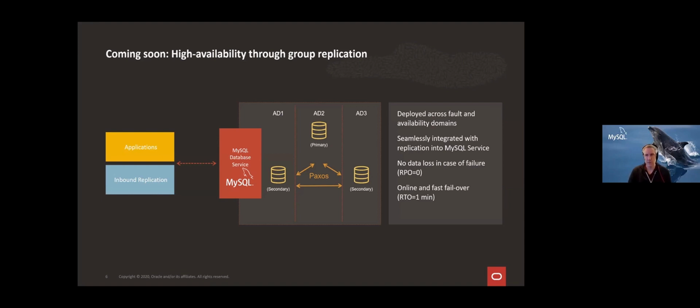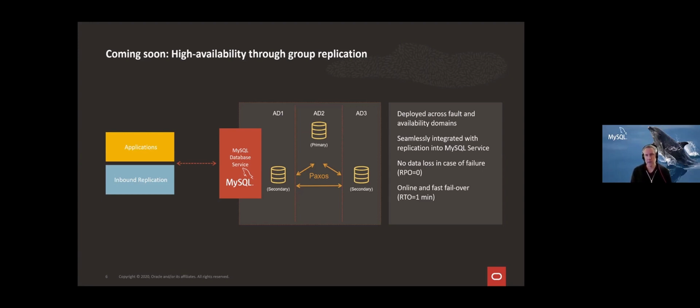In the Oracle Cloud, most of our regions have multiple availability domains, which are essentially one or more data centers per availability domain. To give even higher durability for the data, we create the cluster spread out across multiple availability domains.